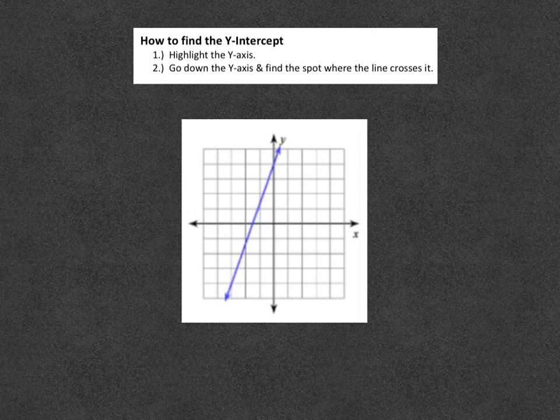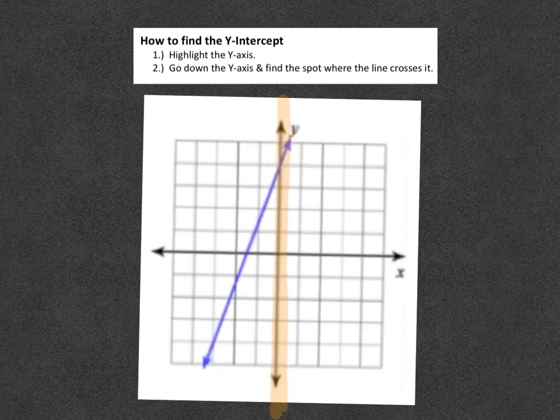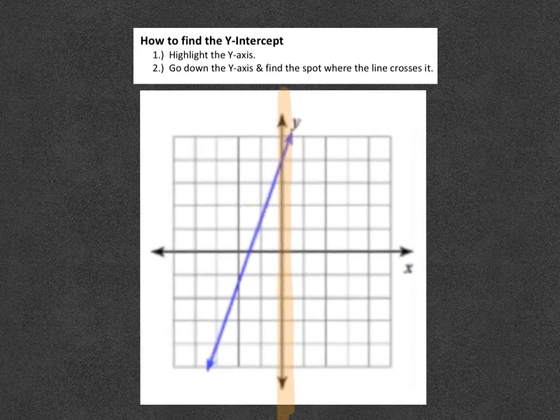So one thing you can do that might help you is just highlight the y-axis. When you highlight the y-axis, now that draws your attention to the area you need to be looking at. If I zoom in on this graph, I've highlighted it. Now I'm going to take a look at where does the blue line intersect my highlighted y-axis.